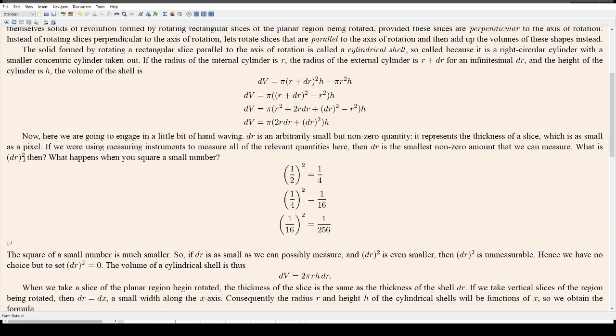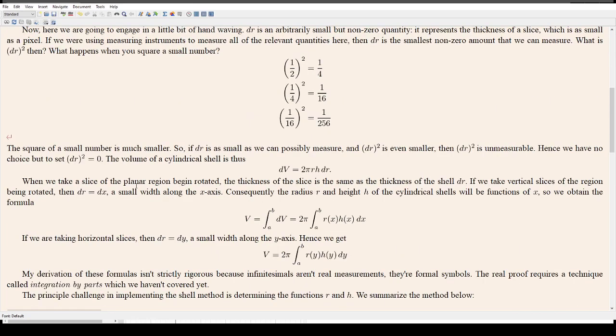What then is its square? Well, what happens when you square a really small number? 1/2 squared is 1/4, smaller. 1/4 squared is 1/16, smaller. 1/16 squared is 1/256, much smaller. If you take a small number and square it, it gets even smaller.